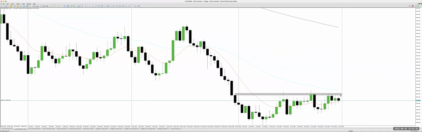You can see buy side liquidity was triggered 2 times, actually 3 times. The first time was here, then price fell. Second time, price fell. Third time, price fell. So remember, this is the daily chart. On a smaller time frame, you could be getting sell setups on the bottom side, more or less the same thing.